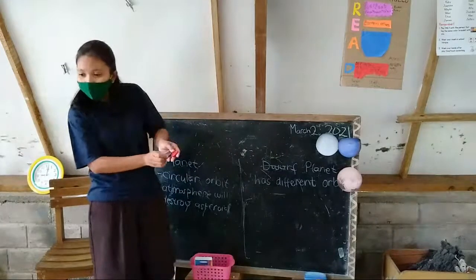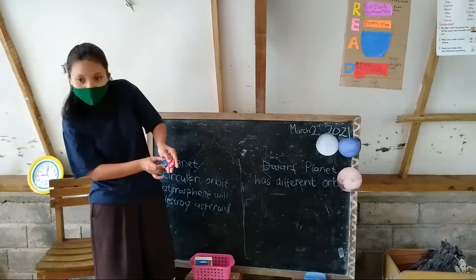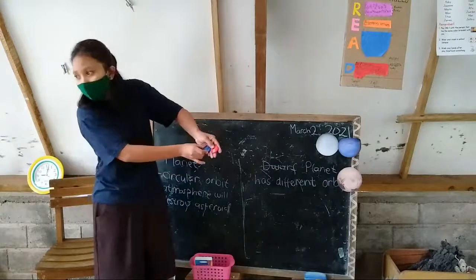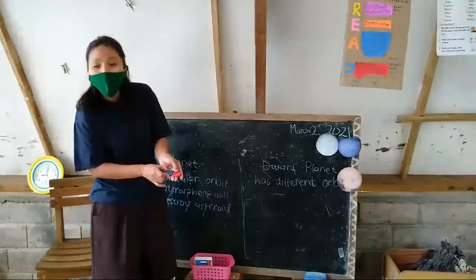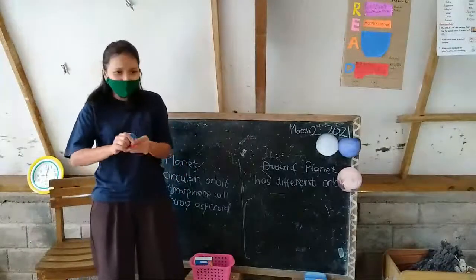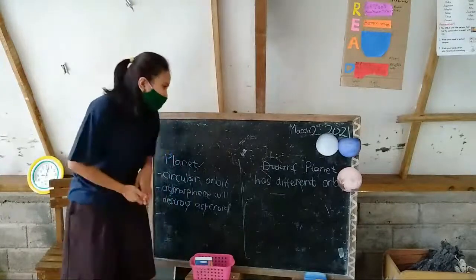It's like a map. The asteroid or meteorite will go together with the dwarf planet. That's what makes a dwarf planet different from a planet. Does it make sense for you? Okay. Now let's move on.